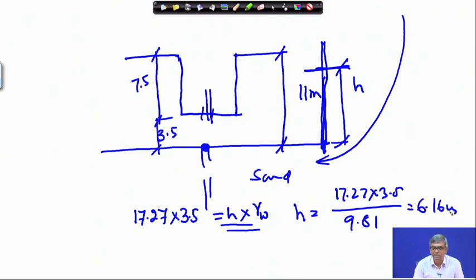So this is a very simple application. Sometimes the soil may be saturated or partially saturated, and then accordingly you have to calculate the unit weight. There can be some types of problems, but this is a very simple problem, just considering the equilibrium at this point.